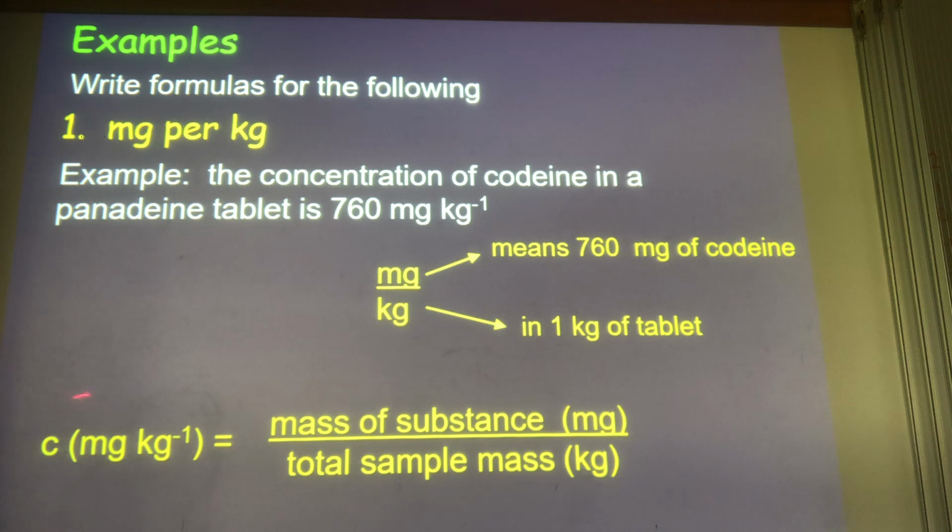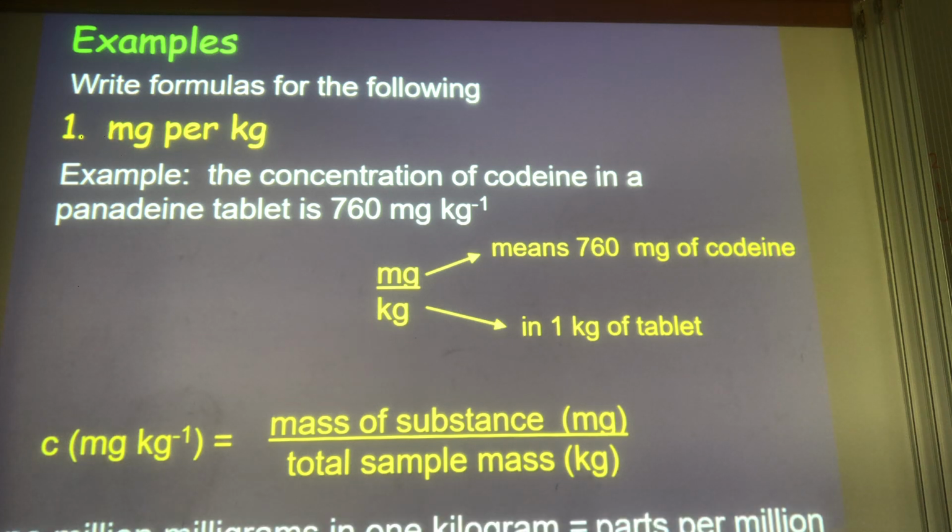So that gives you the formula. Concentration equals mass of substance in milligrams divided by total sample mass in kilograms, all from the units. Concentration equals milligrams of substance divided by kilograms of sample. And in this case, because there is 1 million milligrams in a kilo, this can be called parts per million.